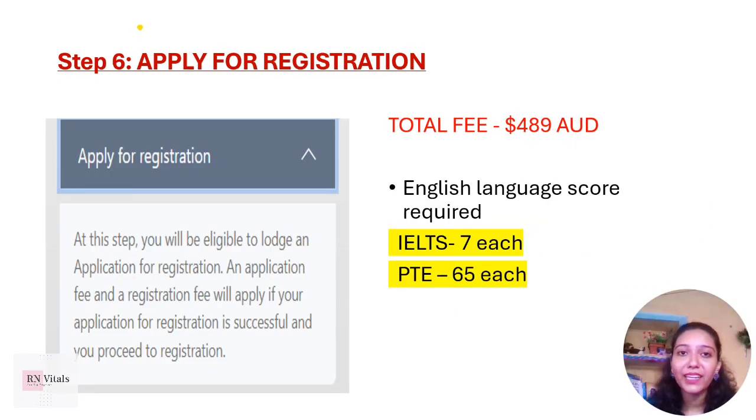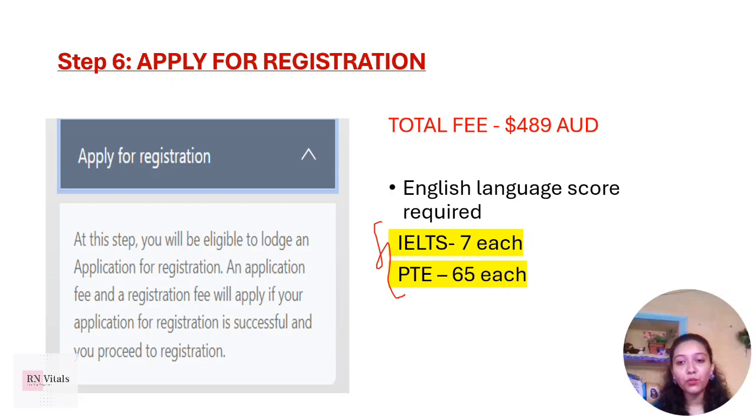Last and the final step that we have on our RN journey is apply for registration. Our dream is coming true in this step. Now, there is something extra that you need to do to be eligible for registration, which is the English language proficiency score we need to get. If you have confusion whether to prepare for IELTS and PTE before doing all that NCLEX process, no, you don't need to do it.